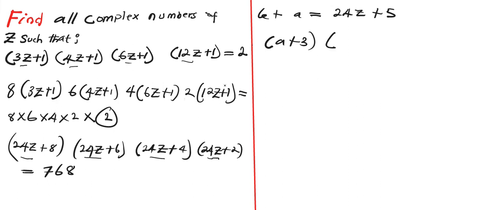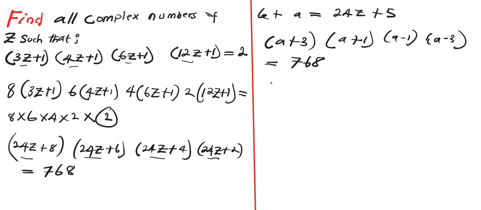Here we're going to have a + 1, here a - 1, and here a - 3, which is equal to 768.